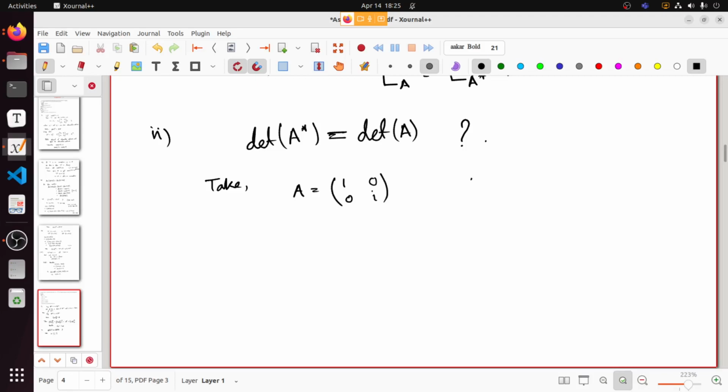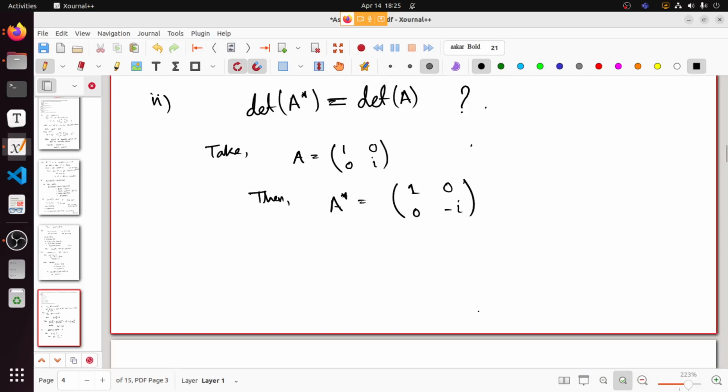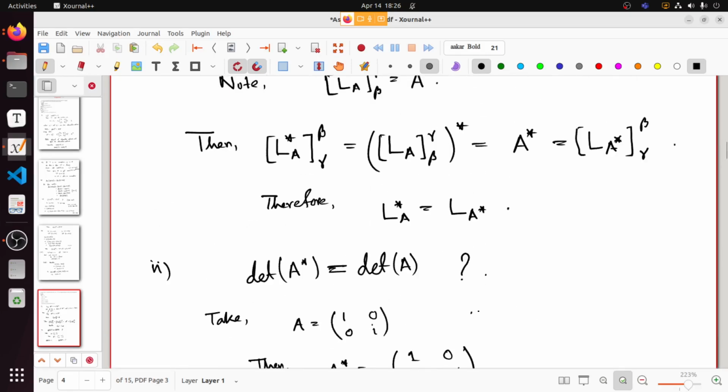Then A star will be the conjugate transpose, right? 1 0, 0 minus i. Then the determinant of A is i and the determinant of A star is minus i. So they are not the same, right? So option number 2 is false.